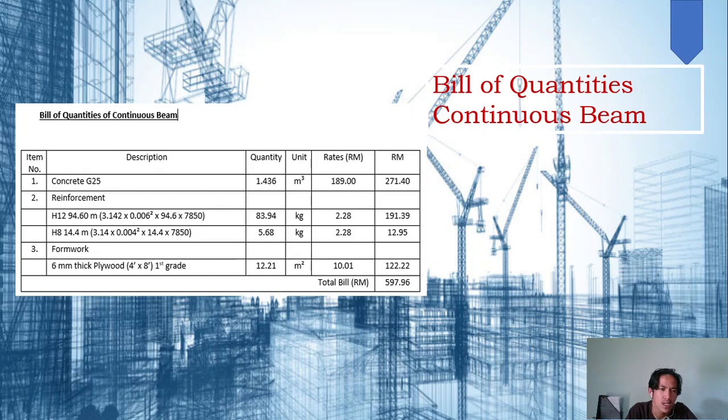And then the last one, for formwork, we will use 6mm thickness plywood 4 times 8 first grade, and the quantity that we will use is 12.21 meter squared, and the latest rate is RM 10.01, and then the price is 122.22. Then the total bill of this continuous beam is RM 597.96.